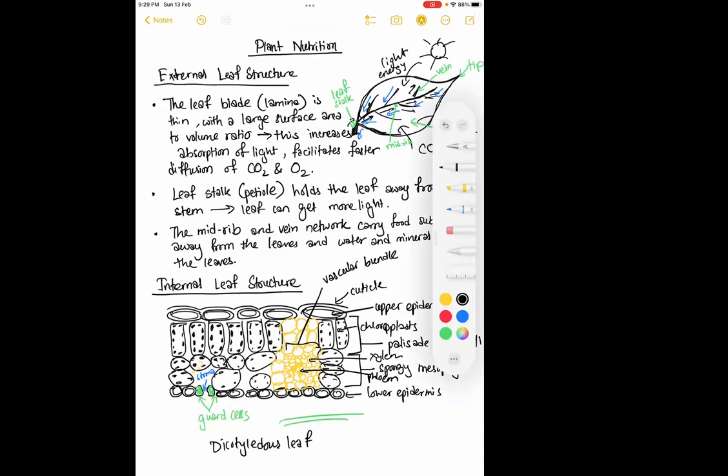So yeah, just to make it clear, I mentioned it, okay? If you want to know what is a dicotyledonous leaf, this is not included in your syllabus, I think, but there are two types of plants, monocots and dicots, monocotyledonous and dicotyledonous.